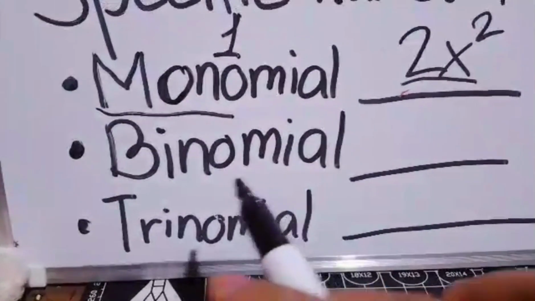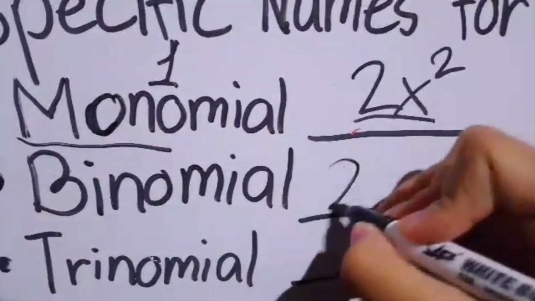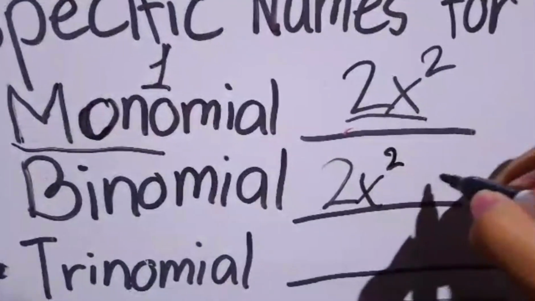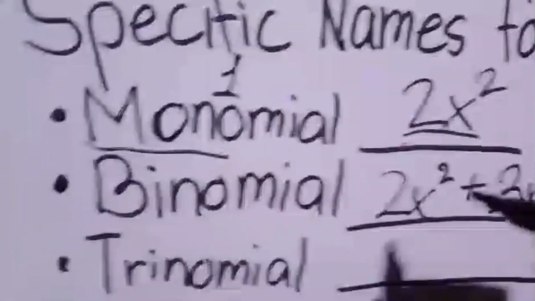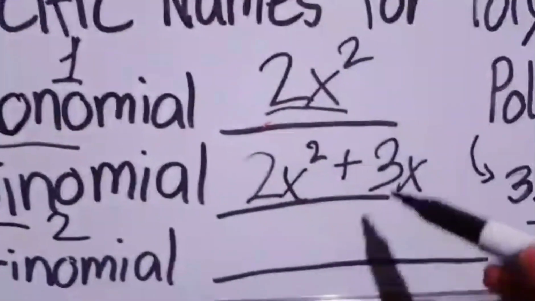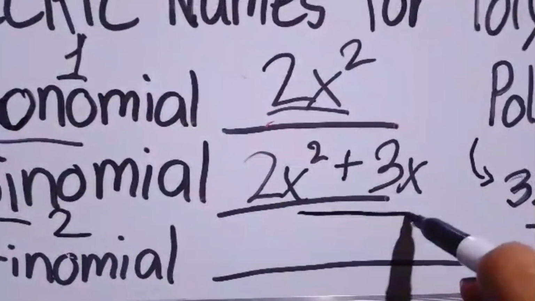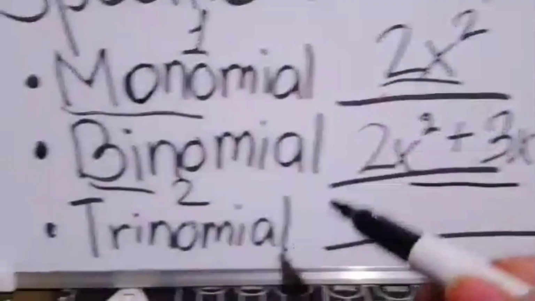Next is the binomial. Binomial means two terms. For example, 2x squared plus 3x. Bi means two, and that's why our terms are 2x squared plus 3x.